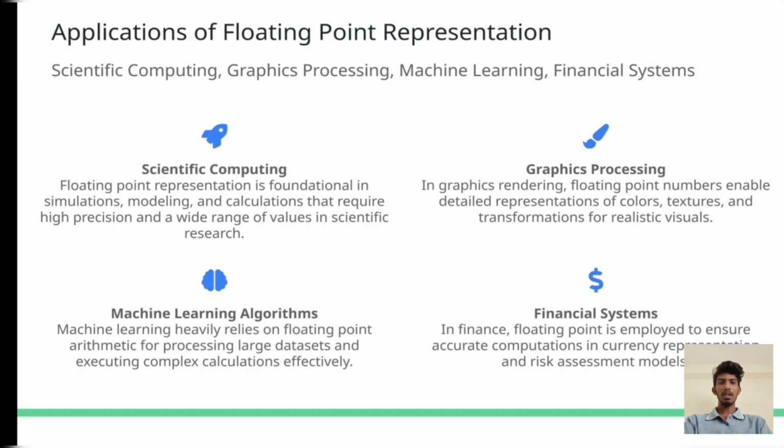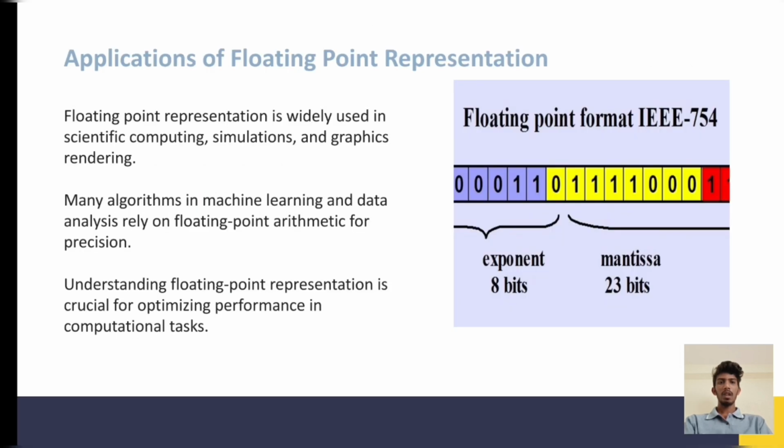Machine learning algorithms. Machine learning heavily relies on floating point arithmetic for processing large datasets and executing complex calculations effectively. Financial systems. In financial systems, floating point is employed to ensure accurate computing in currency representations.